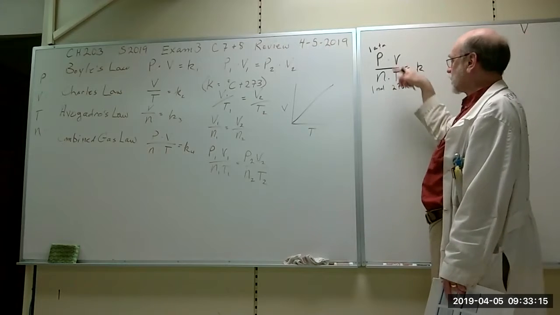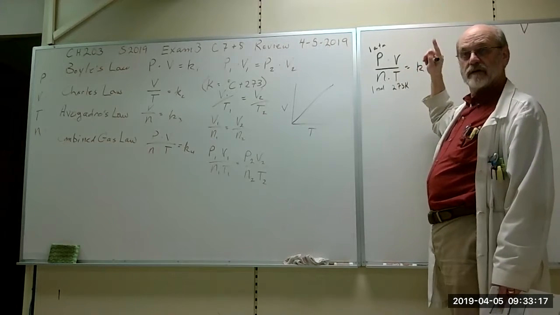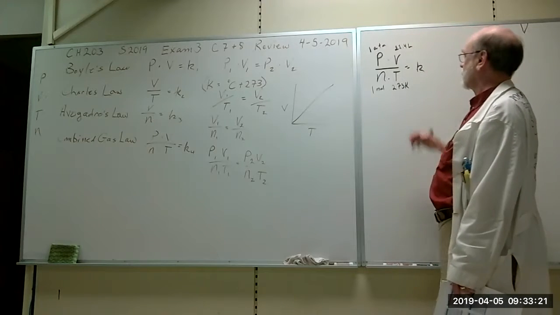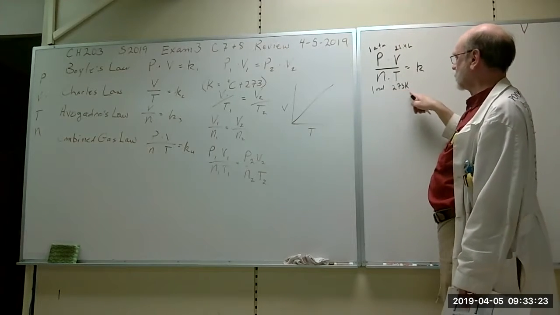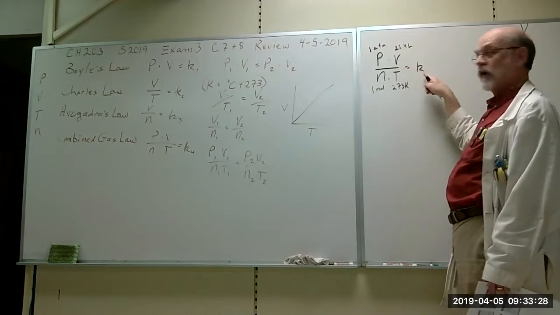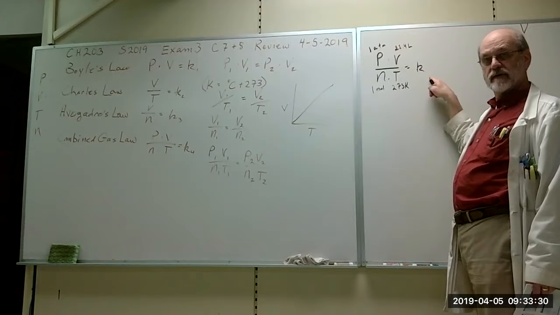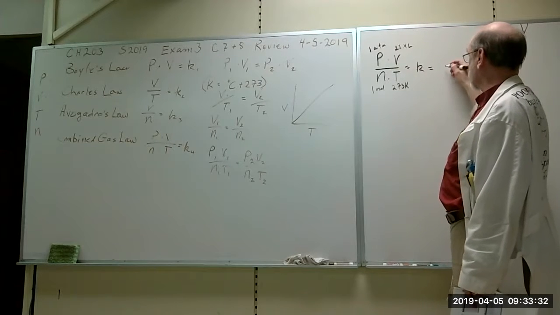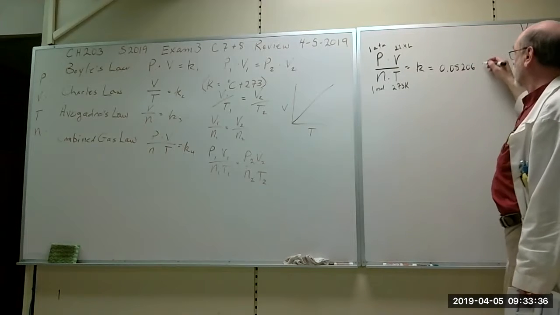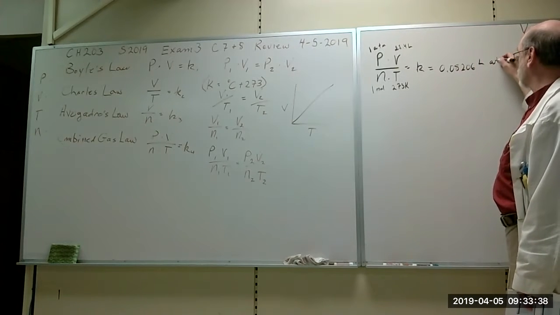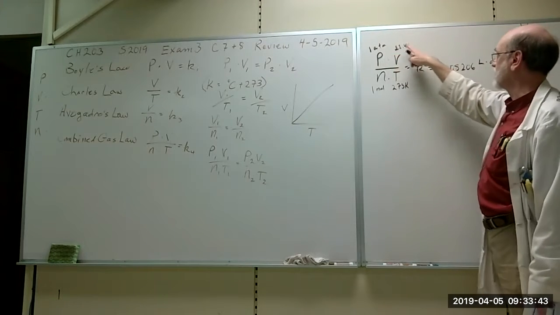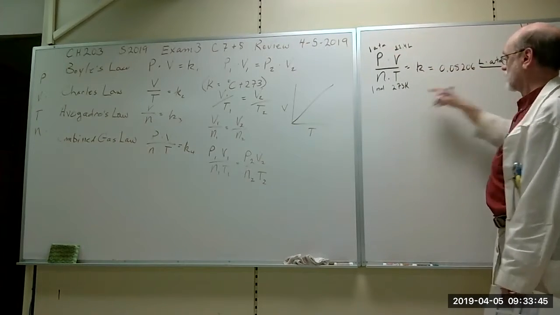And then under those conditions, we measure the volume, and the volume happens to be 22.4 liters. So atmospheres, liters, moles, and K are our units. And those will be the units for our constant value. And the constant value then is 0.08206 liter atmospheres per mole K.